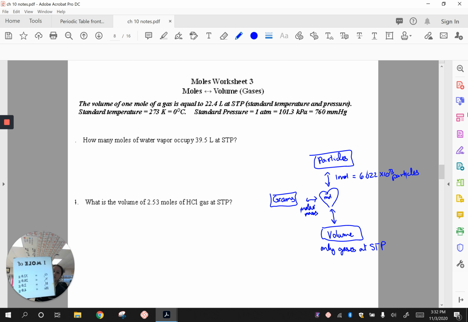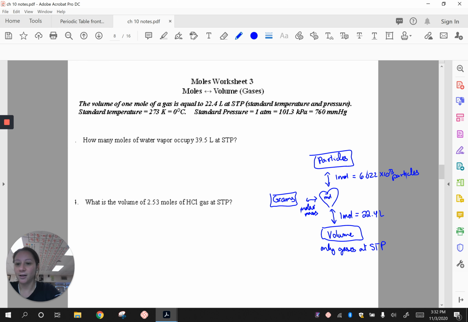This is how much the volume of 1 mole of a gas is at STP. That's a number that you need to memorize or know. So we're going to add to our chart here that 1 mole is equal to 22.4 liters. This applies to any gas as long as it's STP.